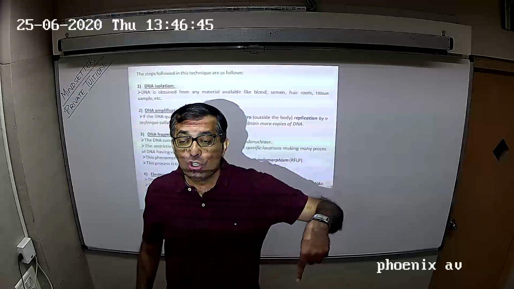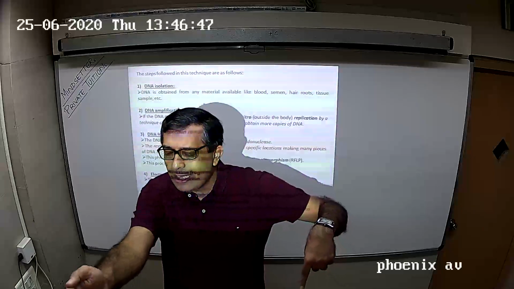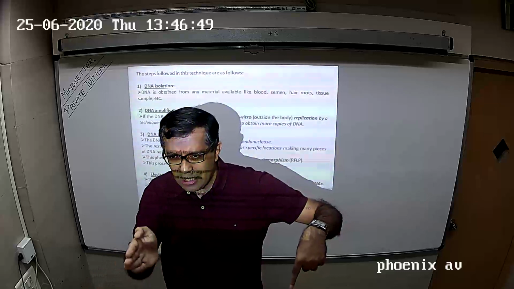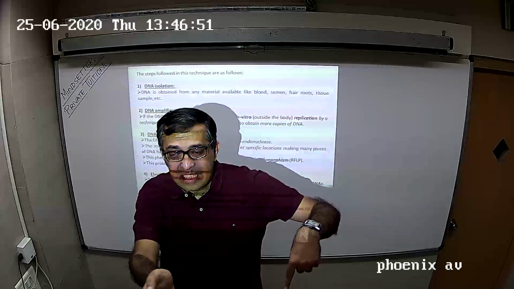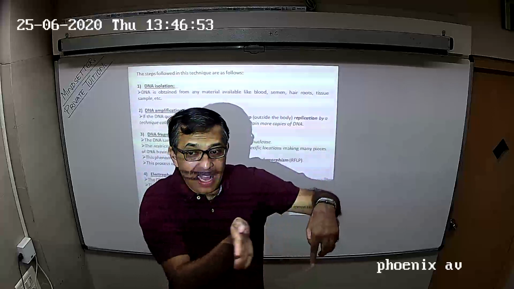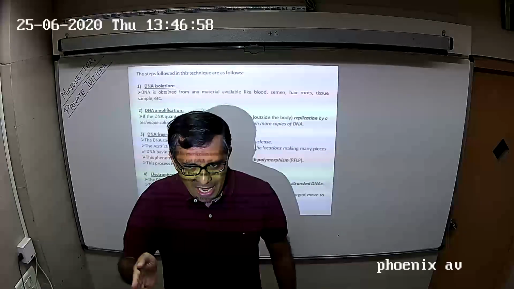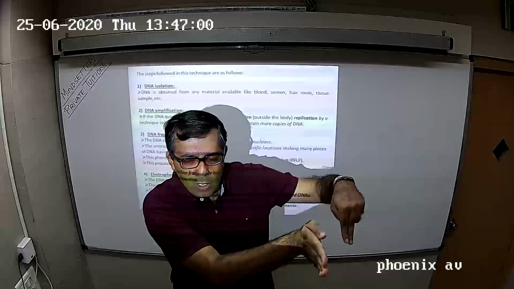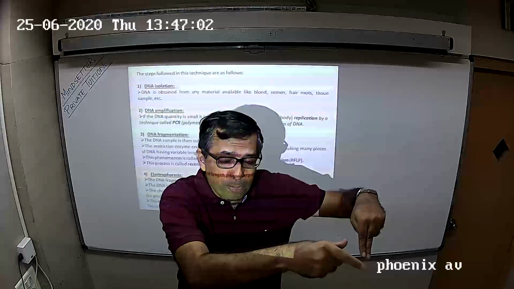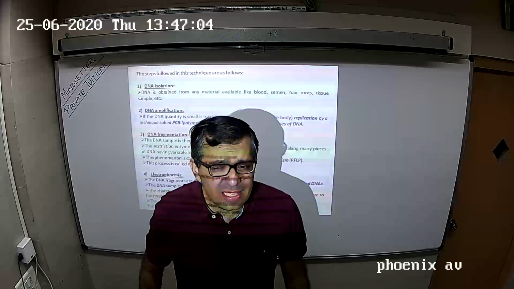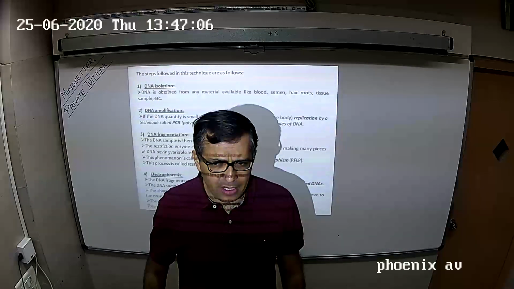And you remember, this is called sieving. सबसे बड़े फ्रैगमेंट्स पीछे रह जाएंगे, सबसे छोटे फ्रैगमेंट्स आगे चले जाएंगे. So large fragments will remain behind, small fragments will go in the front और सबसे आगे सबसे छोटे fragments जाएंगे.